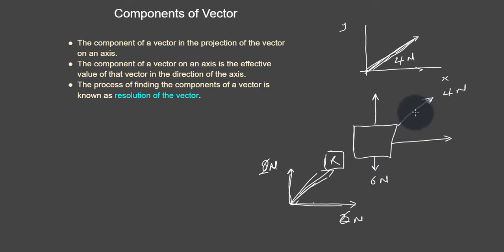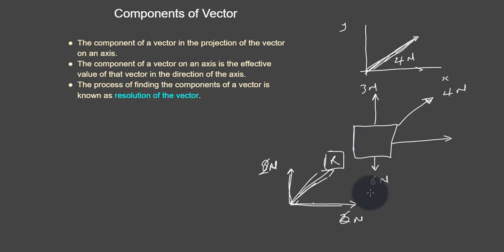To know if this force is sufficient to lift this object, you need to find the vertical component of this force. If it turns out that the vertical component is very small, let's say 3 Newton, this 3 Newton is less than the weight of this object. So because of that, this force will not lift this object. It may drag it horizontally, but it will not raise the object upward.